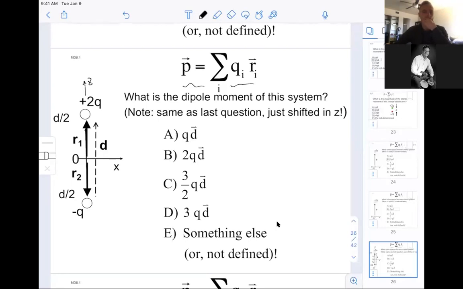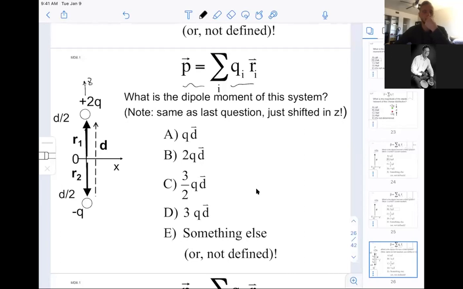Let's take a look at your results. There's a little bit of variation. Majority voted for C, and there's still quite a bit of votes for B. And if it's B, it's the same as before we shifted the origin. It just shifted by d/2 in the z direction.